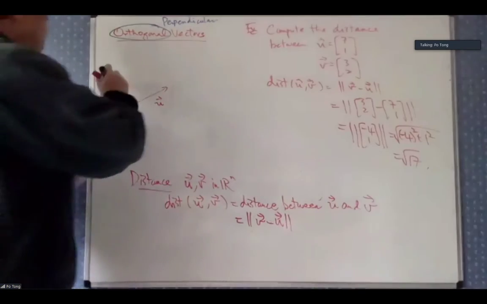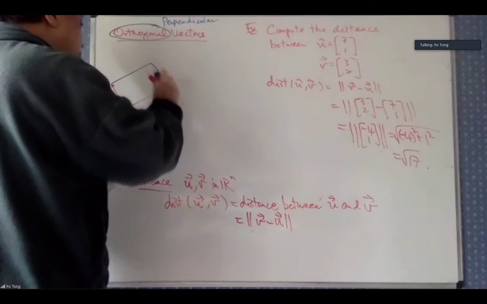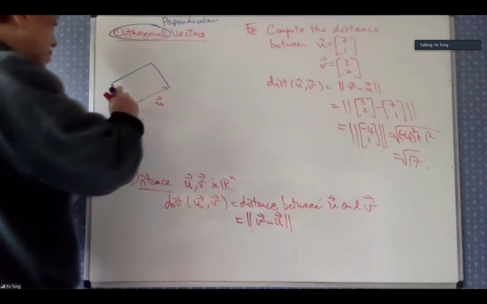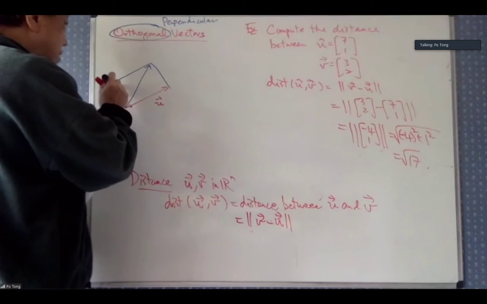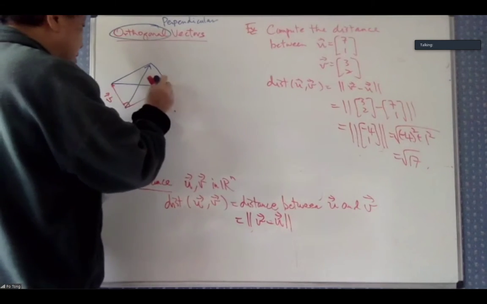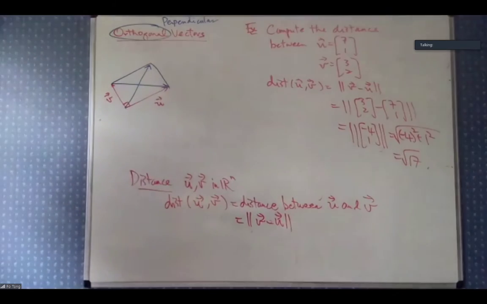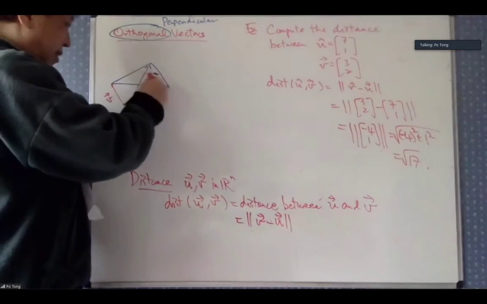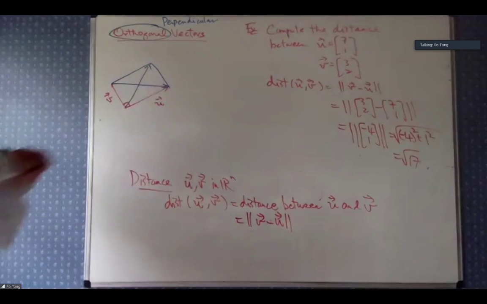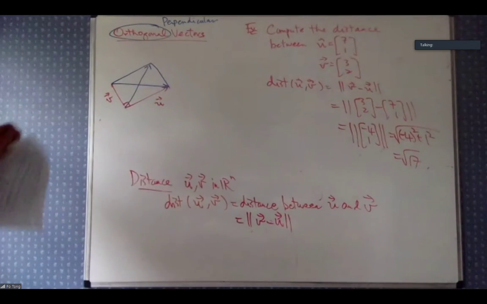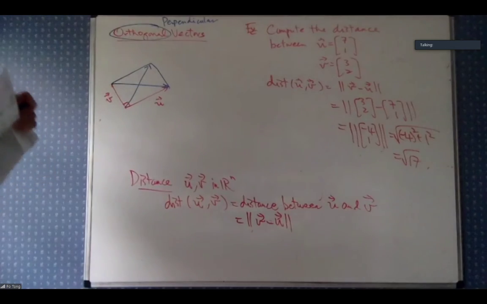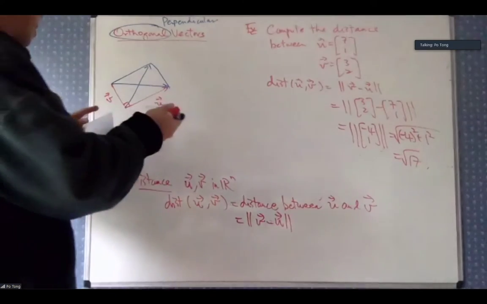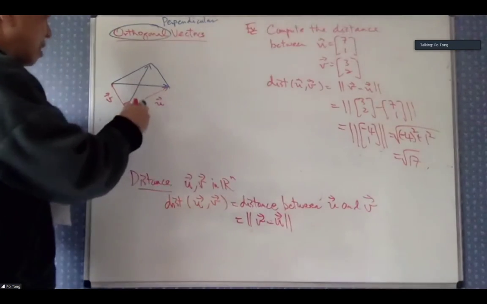Now, if these two are perpendicular, then this is going to be a rectangle. So those two diagonal ones have the same length, because it's the diagonal of a rectangle. If it's a parallelogram, not a rectangle, then these two are not the same length.